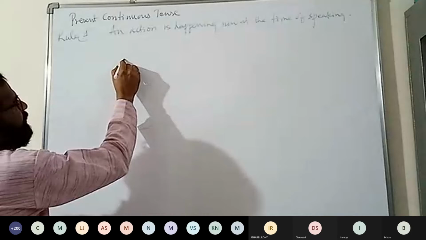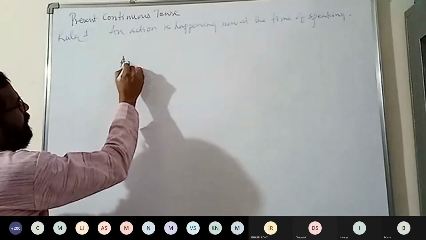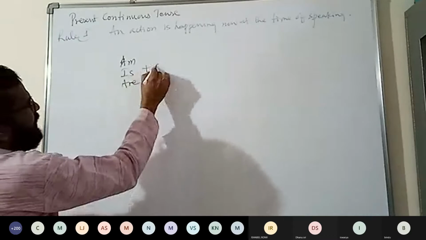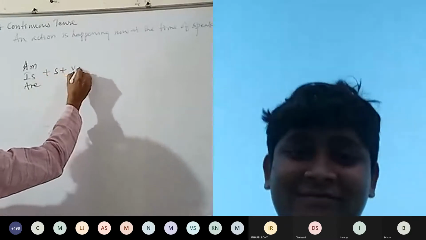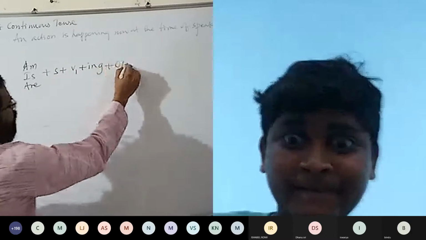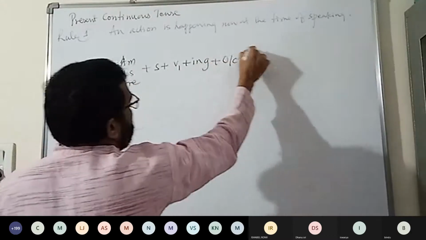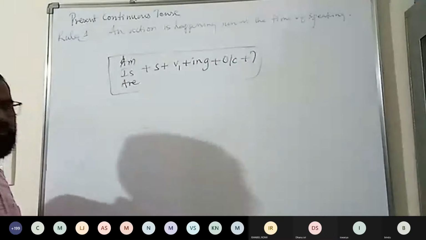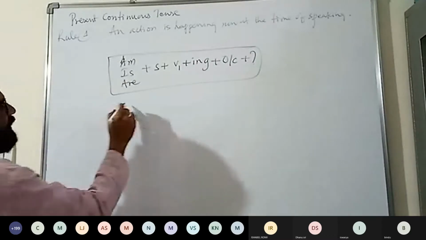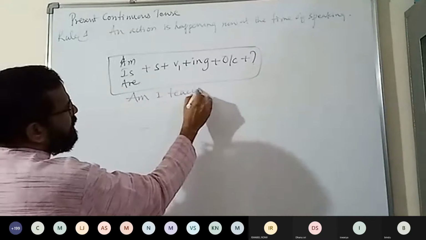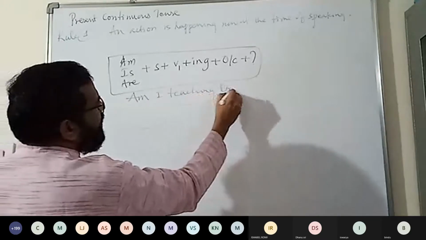Next, yes or no question. Am, is, are plus subject plus verb 1 plus ing plus object or complement plus question mark. Okay. Am I teaching grammar well? Am I teaching English well?